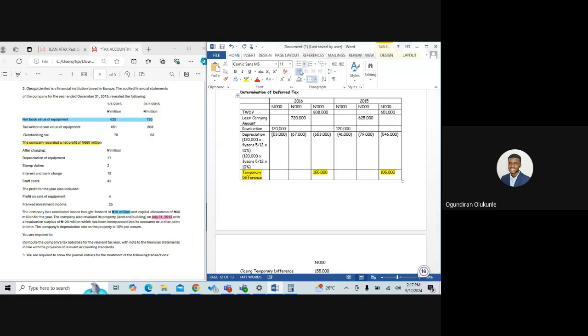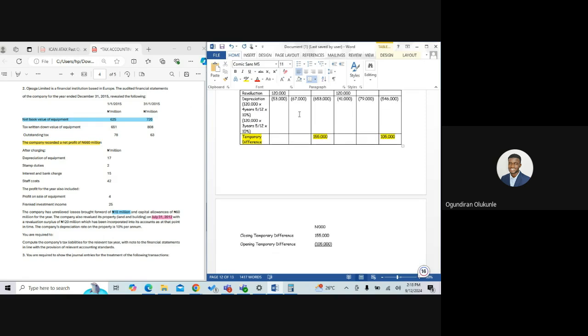So that's why we did revaluation minus depreciation and we got the 67. So 720 minus 67 gives us 653 and 625 minus 79 gives us 546, right? So 808 minus 653 gives us 155 and then 651 minus 546 gives us 105. That's how we got to the temporary difference stage. Do you get it now?